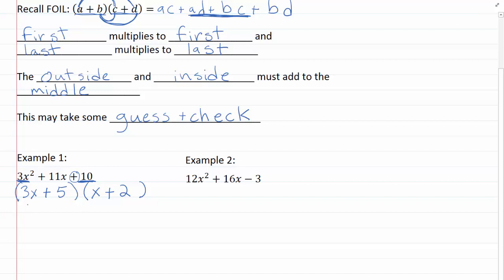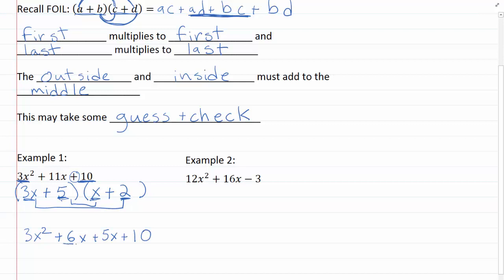So let's go ahead and multiply together our first terms, 3x and x will give us 3x squared, and then multiply together our outside terms, 3x times 2 will give us 6x, and then our inside terms, 5 times x will give us 5x, and then our last terms, 5 times 2 will give us 10.